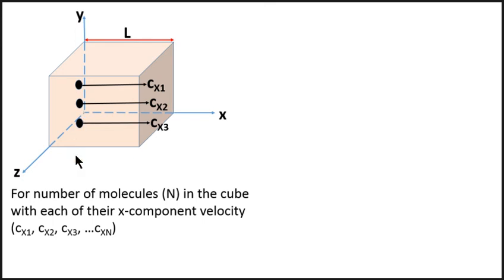Okay, so we are considering a number of molecules, which is capital letter N, in the cube, with each of their x component velocity, which is cx1, cx2, then cx3. And that is what I have here. And if it is more than 3, then I can have cxn, that is for a number of molecules n, which could be more than 3.